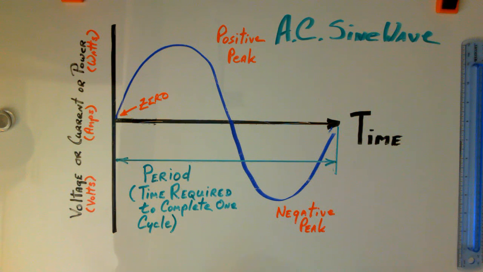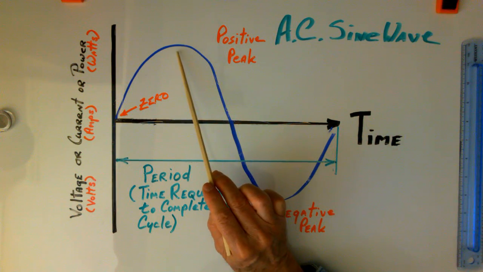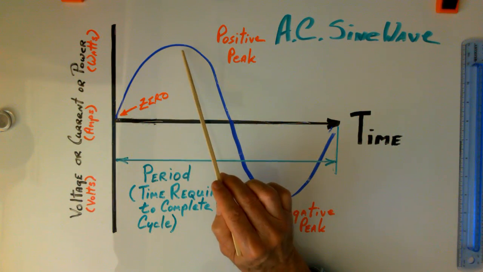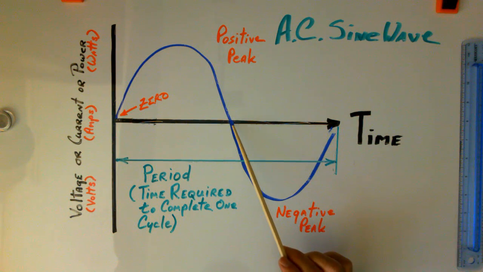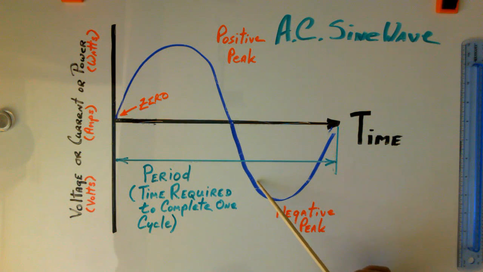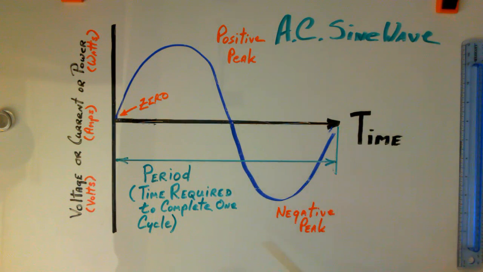So again, my sine wave starts at 0, climbs, and reaches the positive peak. Then it begins to decrease and reaches the 0 line again. It continues into the negative zone, negative voltage below the 0 line, until it gets to the negative peak. Then it climbs back up to the 0 line, and we begin the same process all over again.